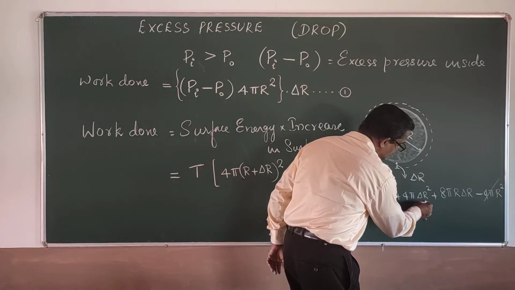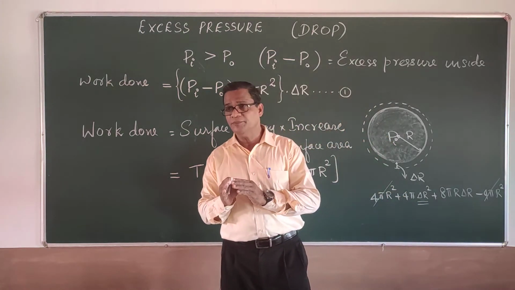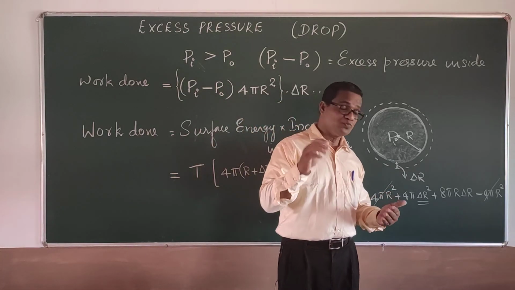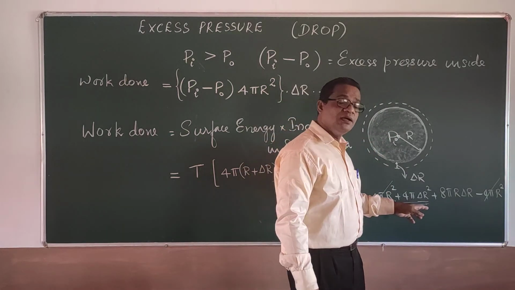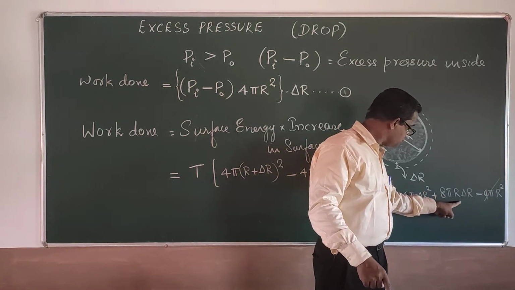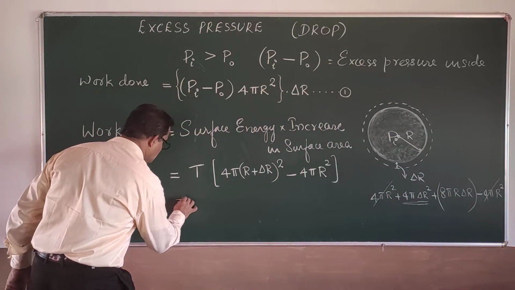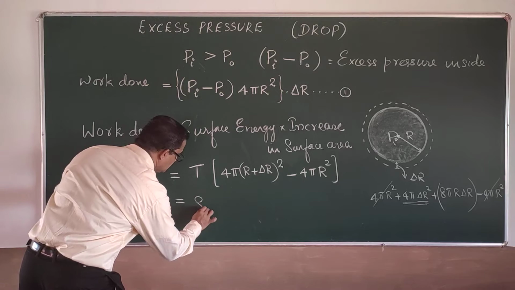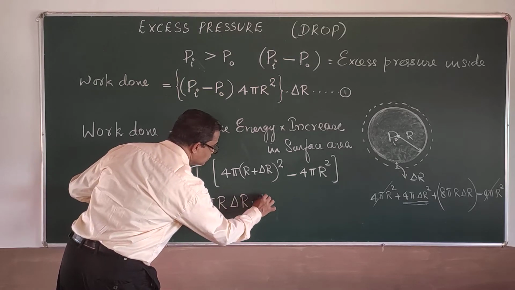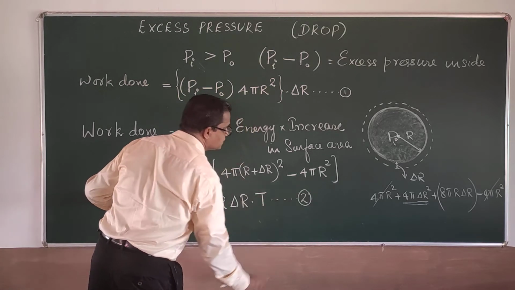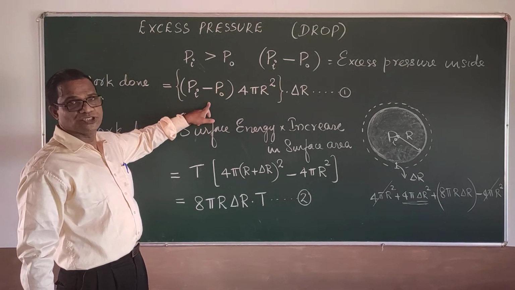Then there is 4 pi delta r square. Delta r being very, very small, the square of that becomes even smaller. Therefore, this part can be neglected, being very small compared to the other term. So what remains is only 8 pi r delta r. Therefore, the work done will be equal to 8 pi r delta r into surface tension. So this is the work done in terms of surface tension, and the earlier one is in terms of excess pressure.